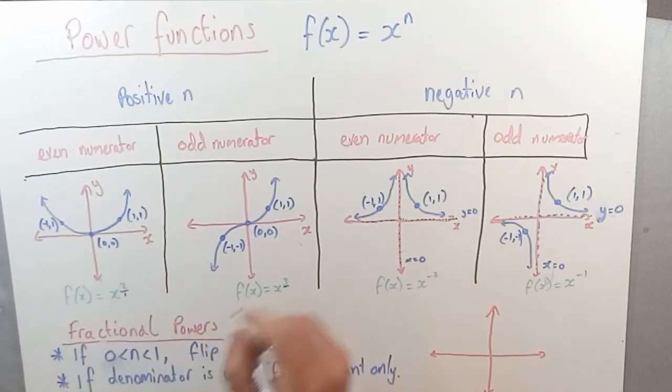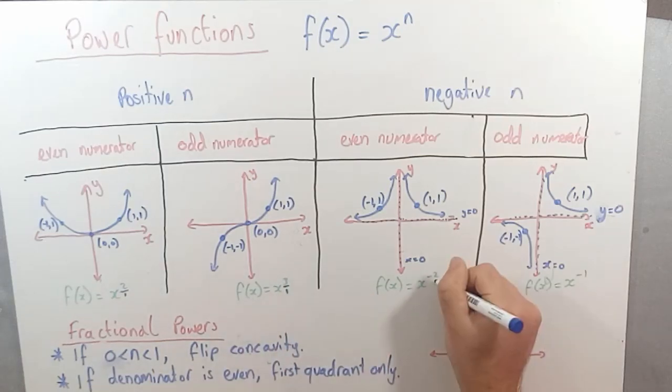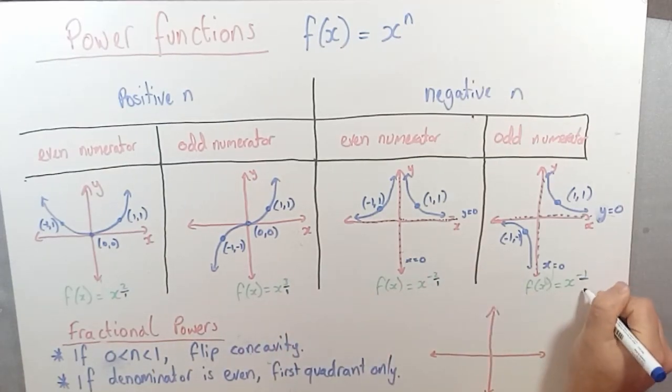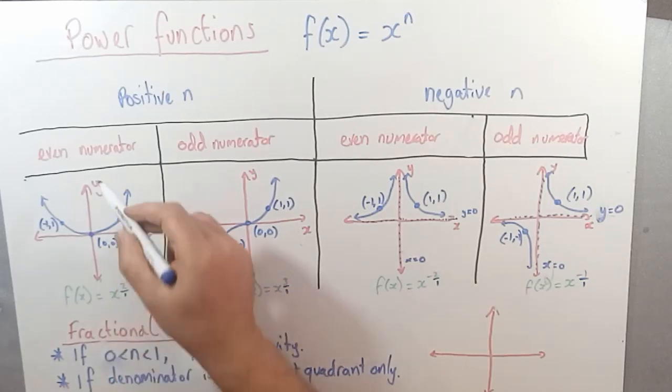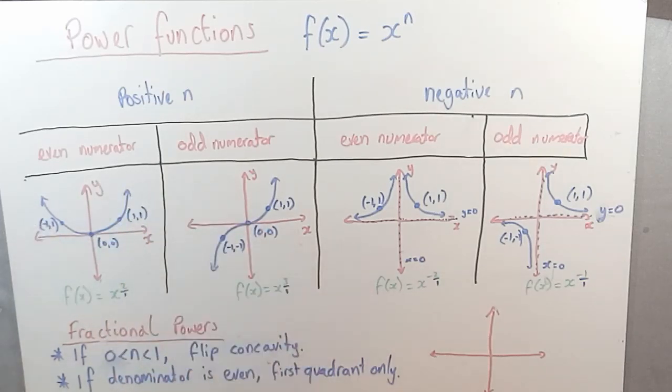So this is 2 over 1, 3 over 1, negative 2 over 1, negative 1 over 1. So think of just the top number of the fraction. If that's an even number, then you get the parabola. If it's odd, you get the cubic. And same over here. Even, you get the truncus shape. Odd, you get the hyperbola.